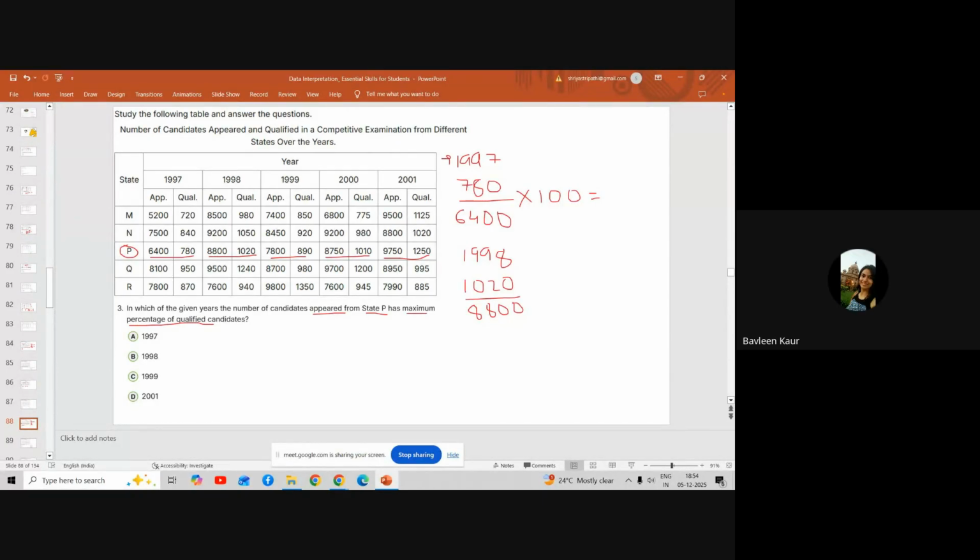Ma'am, just to confirm, we have to calculate the percentage manually? Yes. I'm confirming that we have to manually divide the qualified candidates by the number of applicants for each year, and whichever year gets the maximum percentage will be the answer.